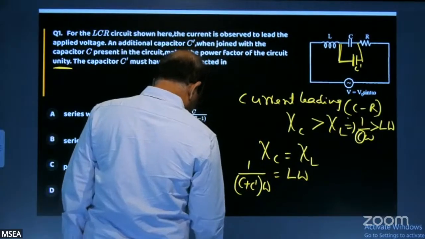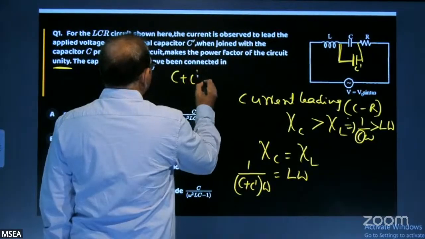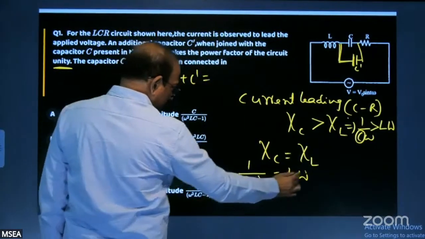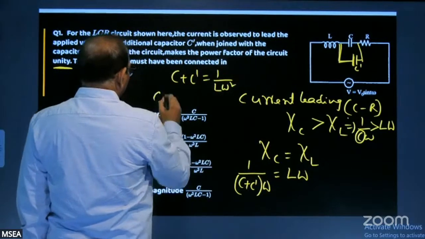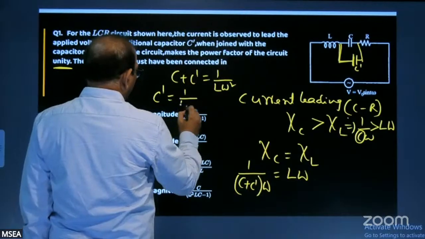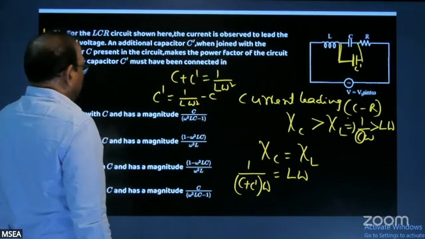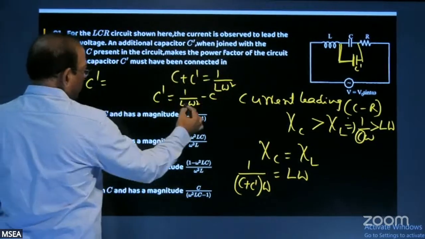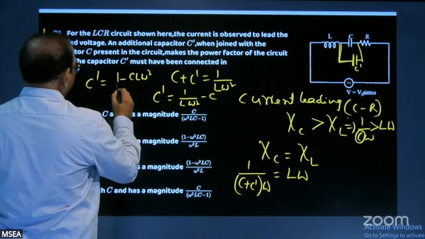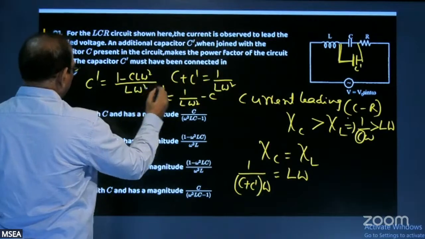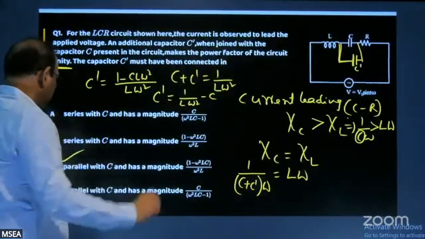Cross multiply: C plus C dash is 1 by L omega square. Then C dash is 1 by L omega square minus C. Taking LCM, C dash equals (1 minus C L omega square) divided by L omega square. Third option.